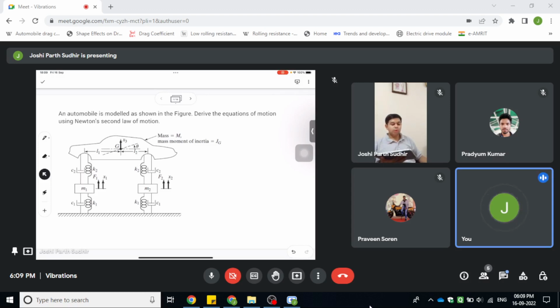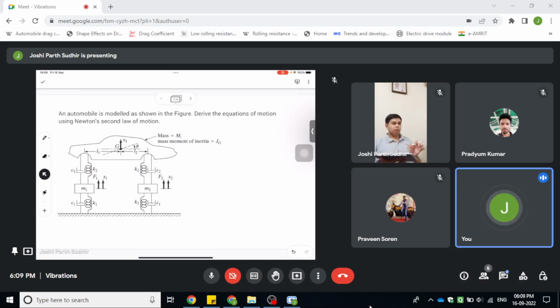Yeah, so we'll be considering this automobile as the system. Earlier we had considered the quarter car model, which was a 2 degree of freedom model.